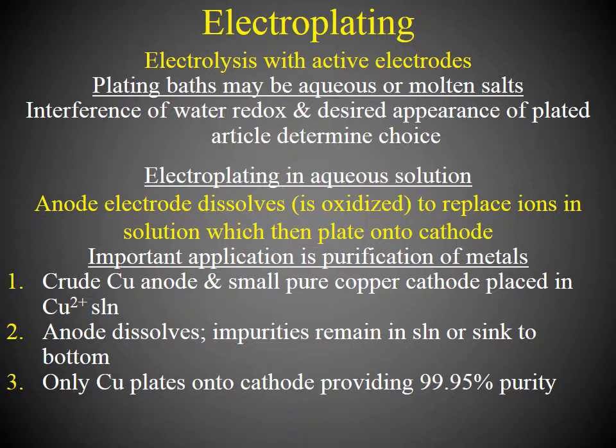And the copper 2 ions that have been obtained from the anode now plate onto the cathode and can provide a bar of copper that is very, very pure. It can be as pure as 99.95%.